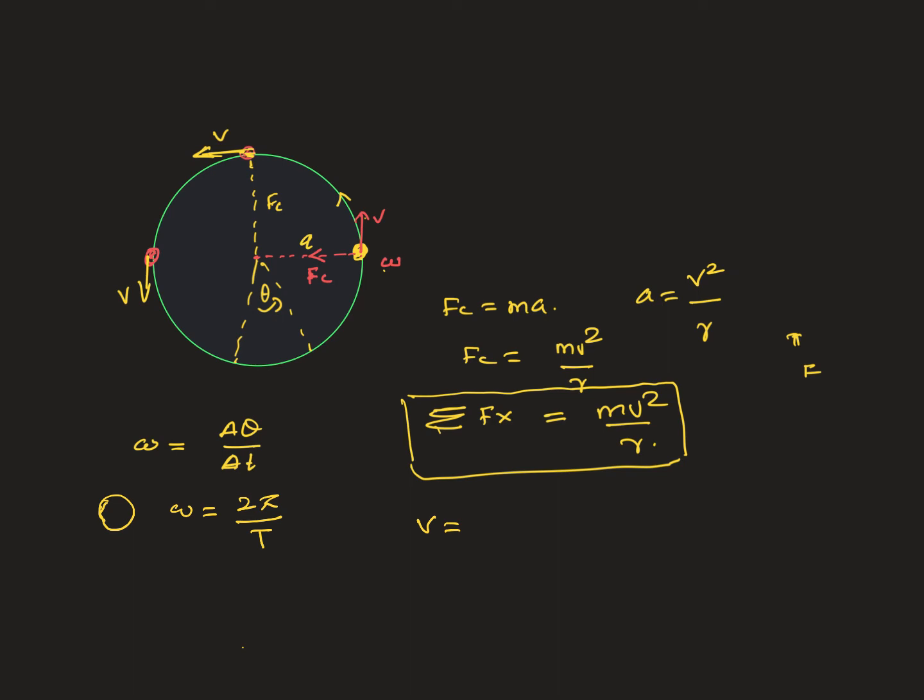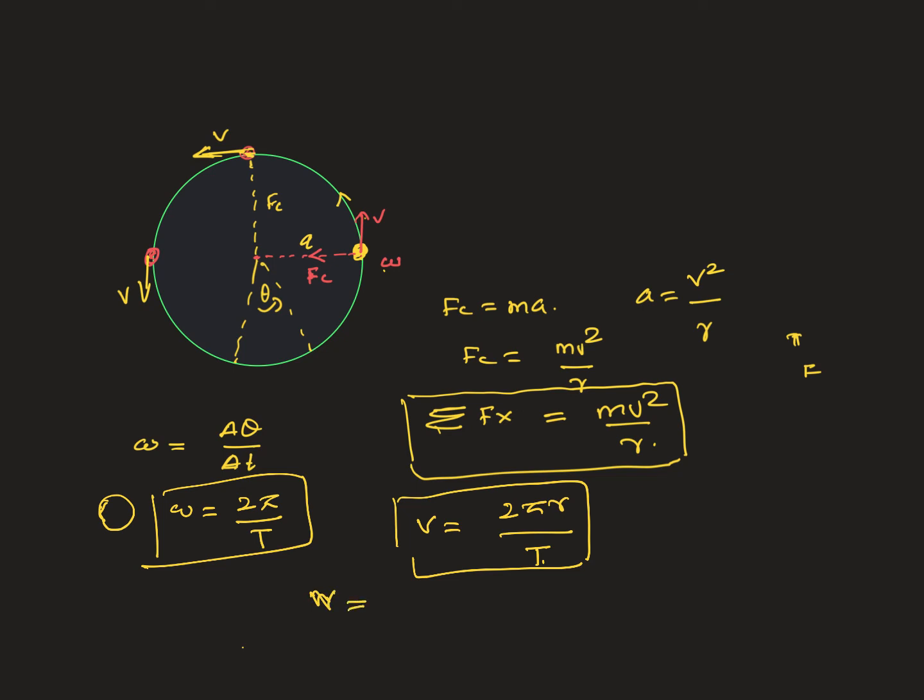So the speed, for the whole cycle, is 2 pi r, which is the distance it covers in a circle, divided by T. So if you look at this equation, that's the angular velocity, and this is the linear speed, then we can say that v is equal to omega r. So that's the third one we derived.